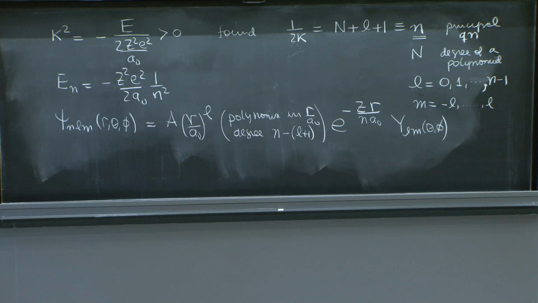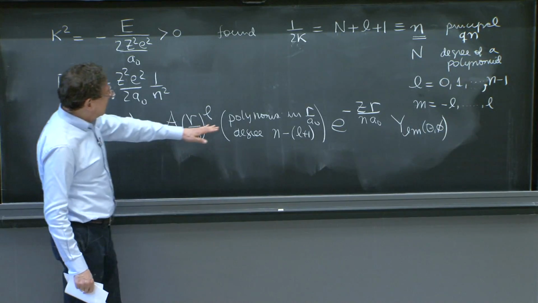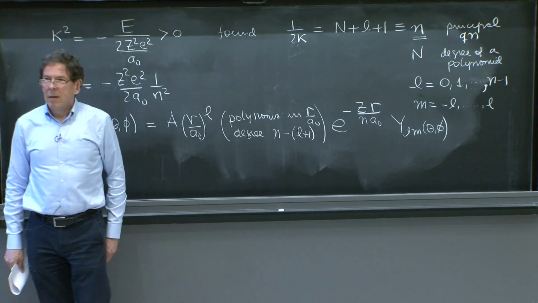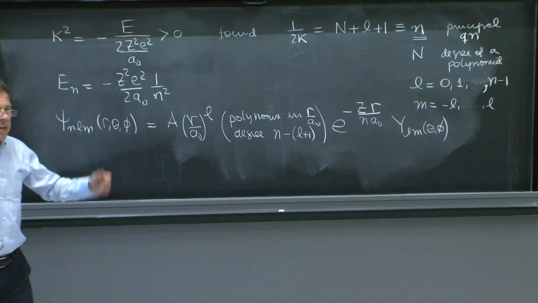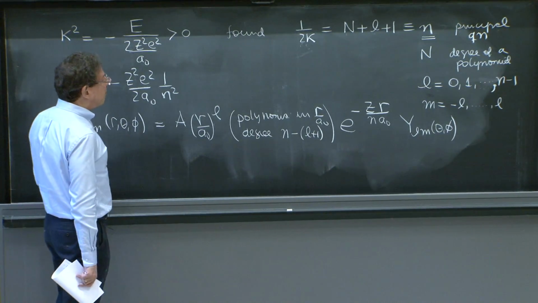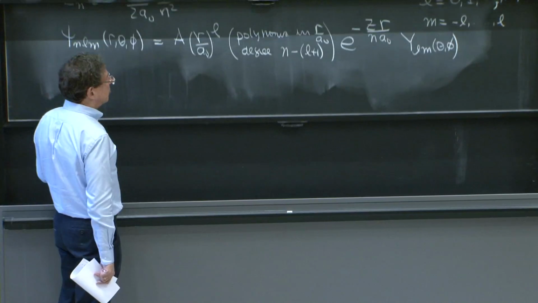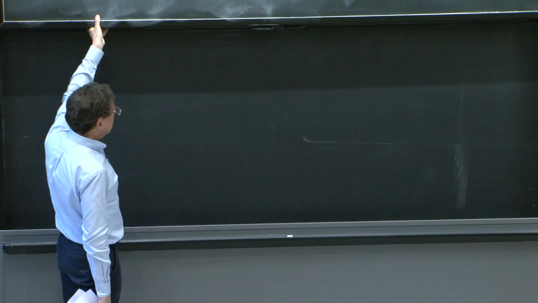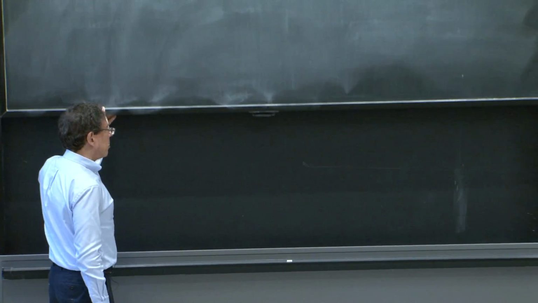We didn't investigate the polynomial in detail because it takes time and it's not necessary for many things. Only very detailed calculations require this polynomial, and it's a Laguerre polynomial.